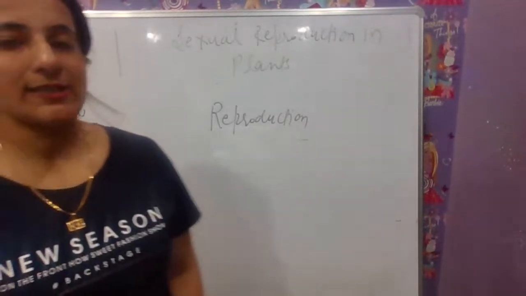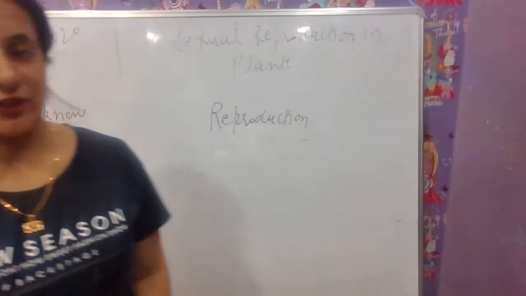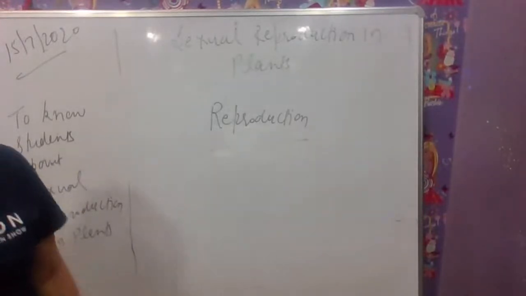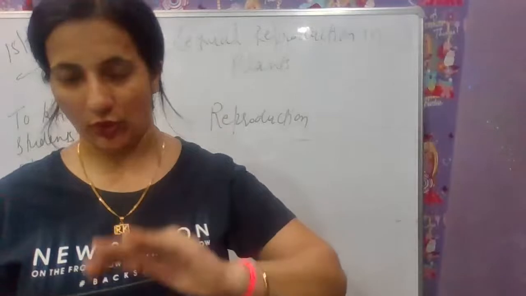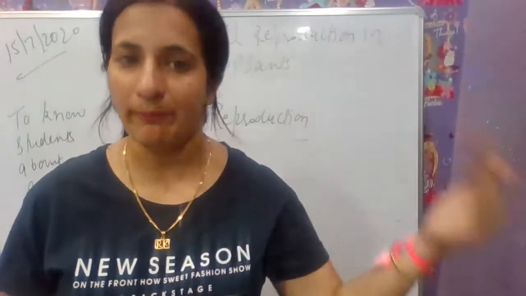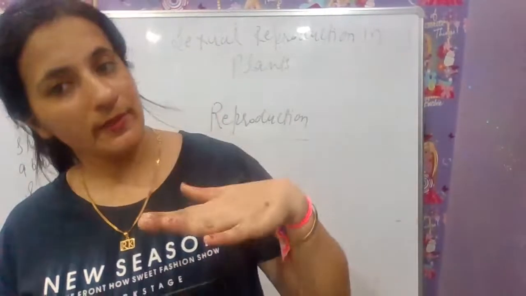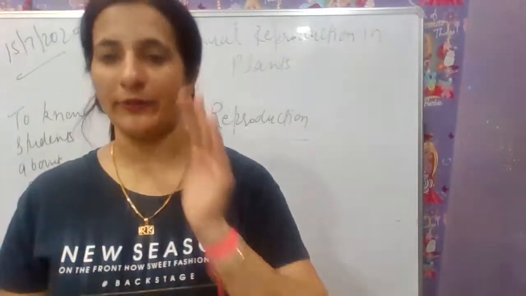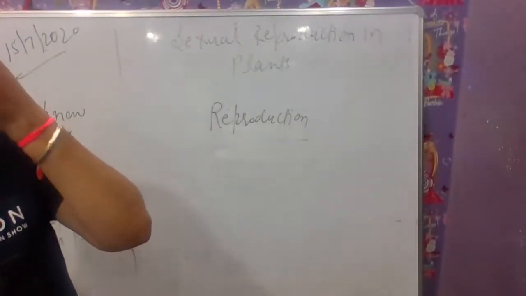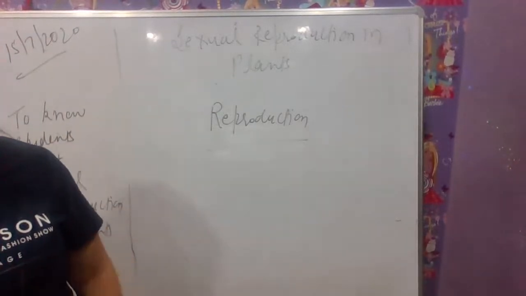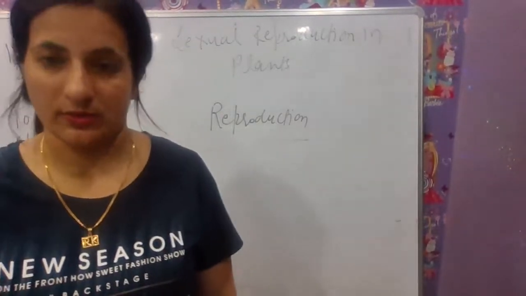Then we discussed the significance of sexual reproduction. It results in new combinations of genes, because some characters the daughter organism receives from one parent, like the mother, and some characters from the father. So they produce a new combination of genes, and this increases genetic variation and diversity of characters.